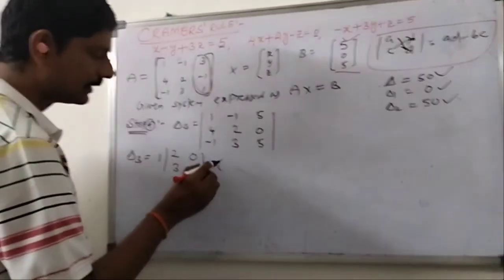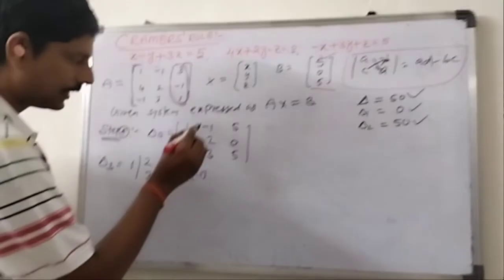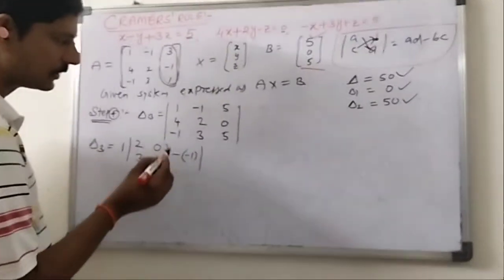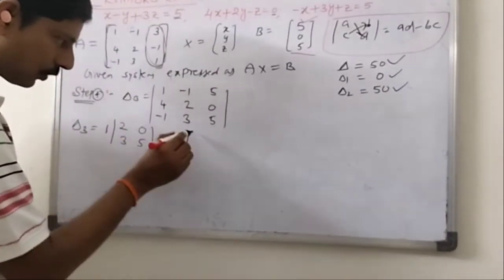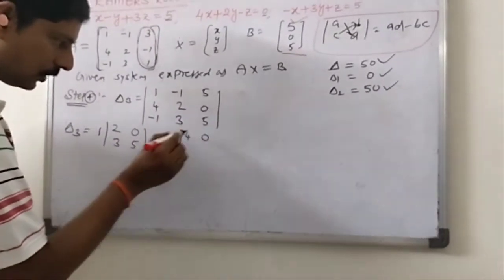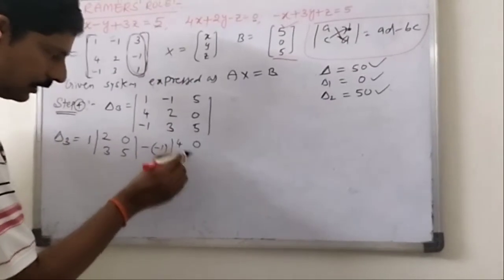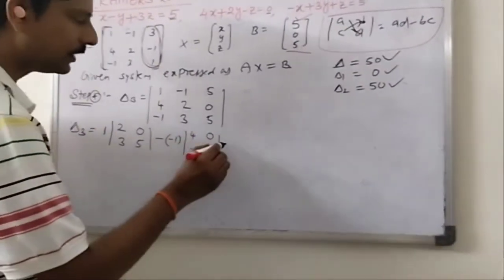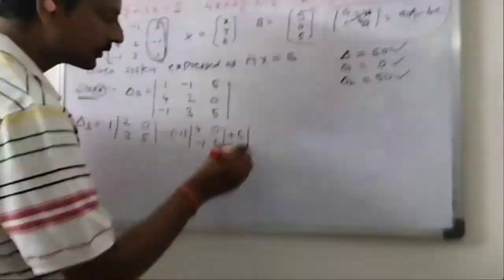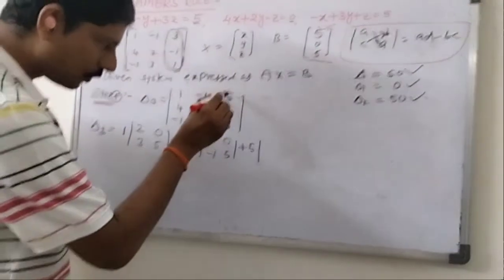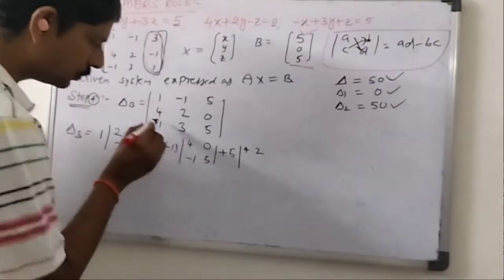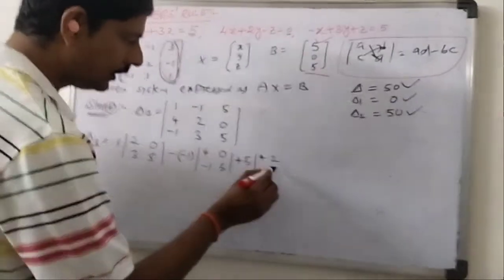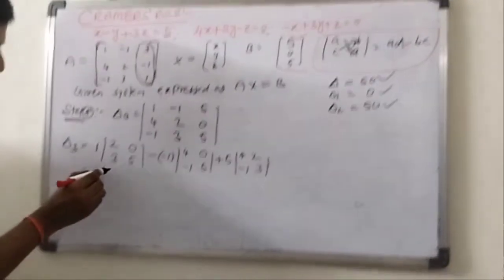For the second, minus is there in the formula and here minus 1 is there, so minus of minus 1, and removing this row and column we get 4 0 minus 1 5. For the third, plus 5, and removing this row and column we get 4 2 minus 1 3.